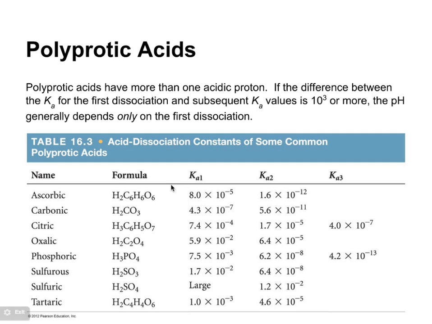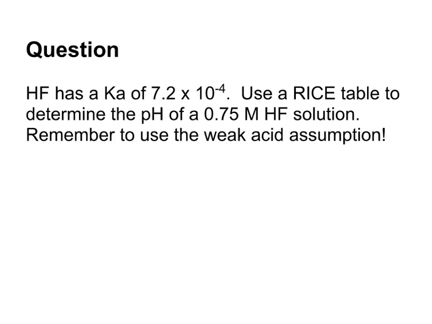So for most of these, the pH of these different polyprotic acids only depends on this first Ka. Most problems that we deal with are only going to be looking at the first dissociation, the removal of the first hydrogen ion.